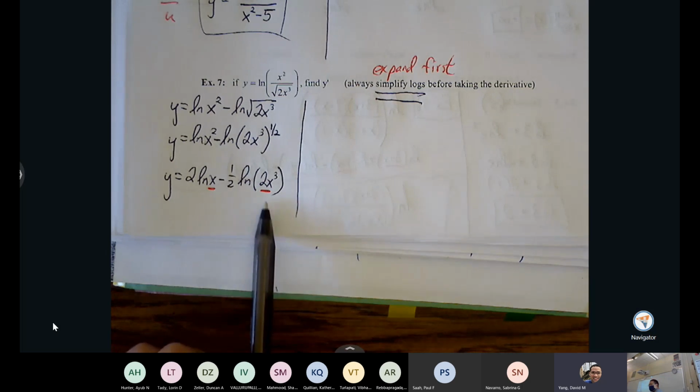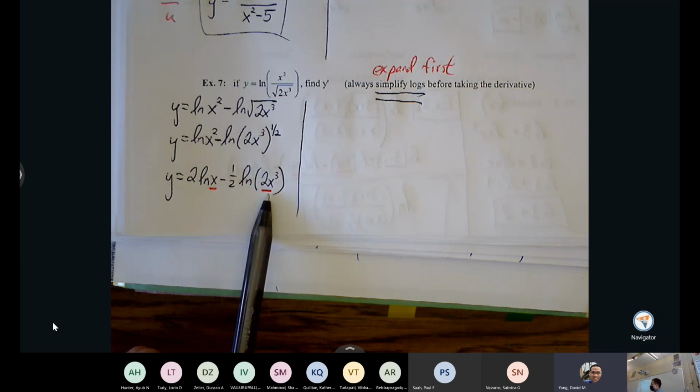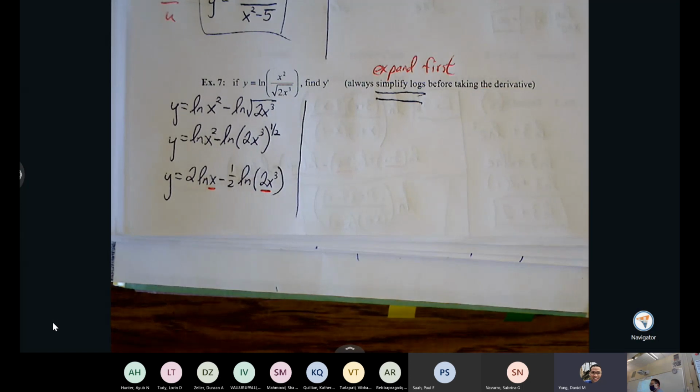Sometimes it's not worth the effort to expand all the way, because you've got to write out a lot more terms when the derivative is already relatively easy. So I think that's a judgment call on your part. After doing enough problems, you're going to see that it's probably not worth the effort, and you'll begin to recognize when to stop or when to continue.